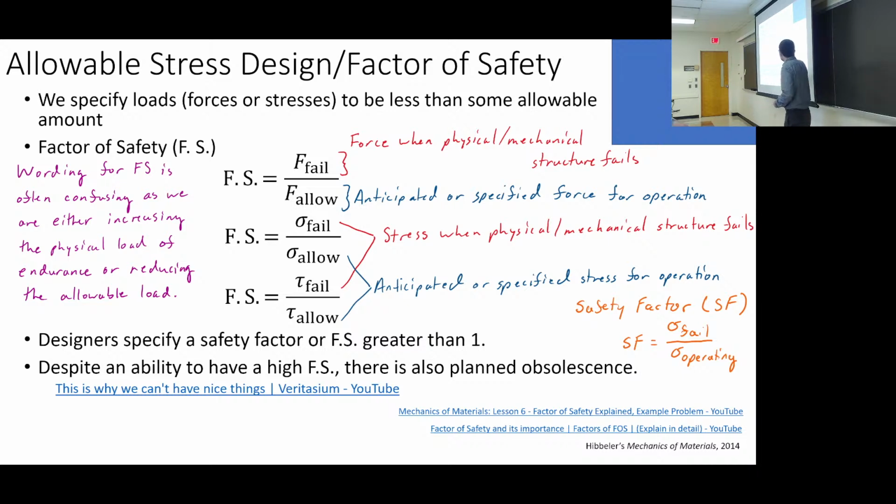And then we talked a little bit about planned obsolescence a few days ago, right? Companies and capitalism have led people to realize that they don't want you to only buy once in your life from them. They want you to buy multiple times. So there's not a financial incentive in some cases to have a very high safety factor. You want to operate at the margins and then you buy another one.